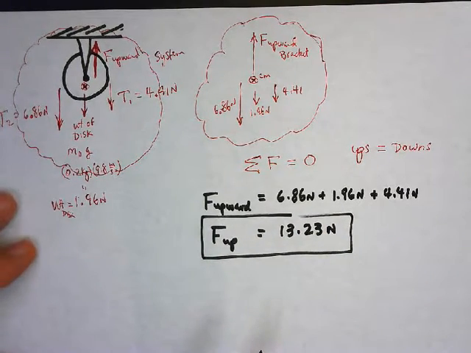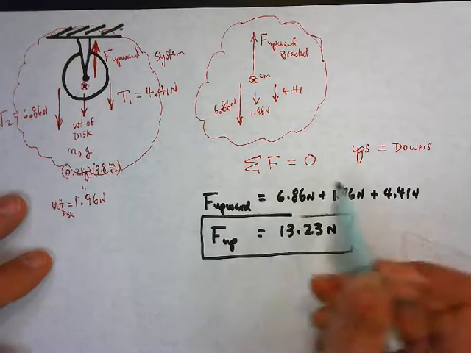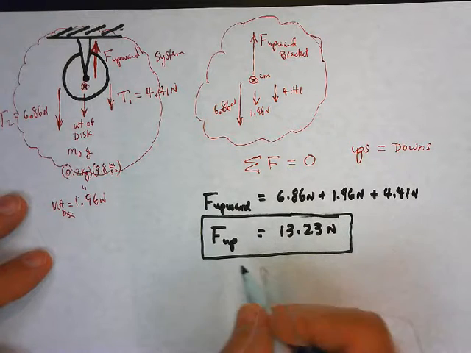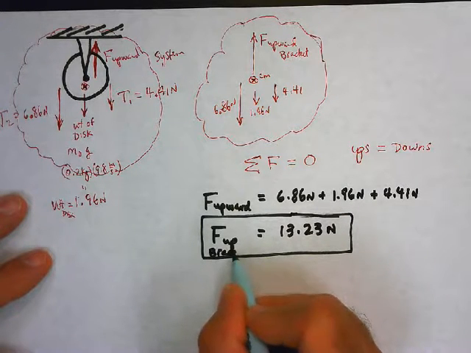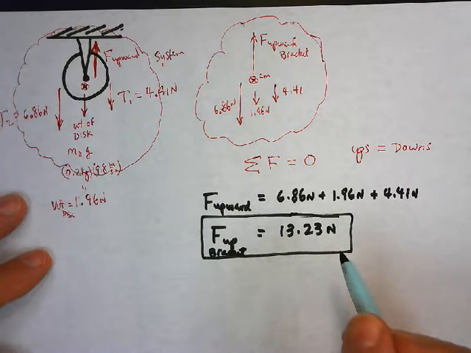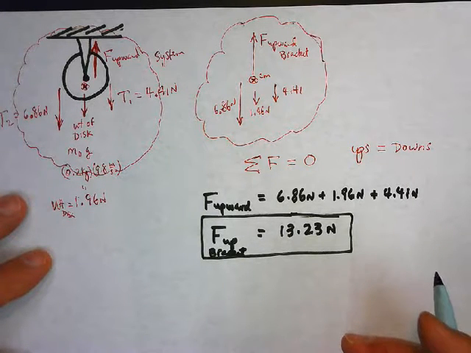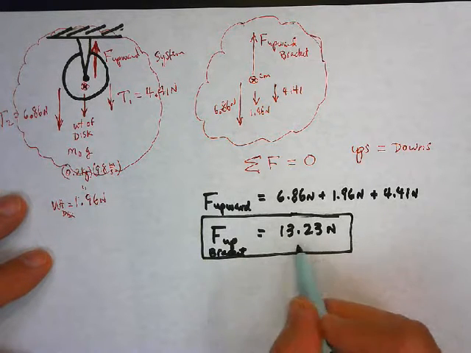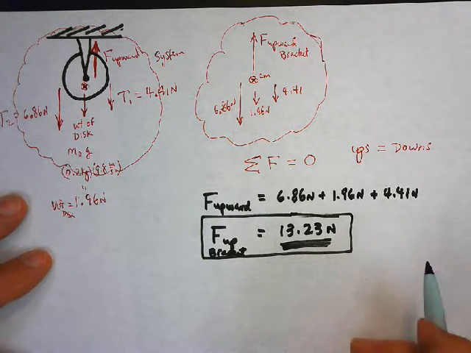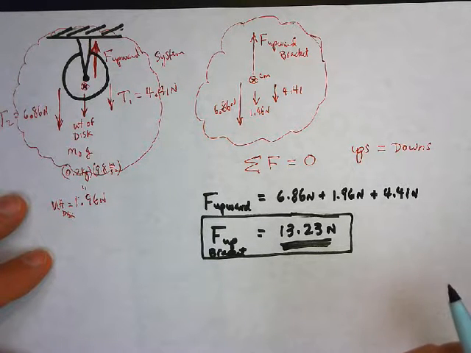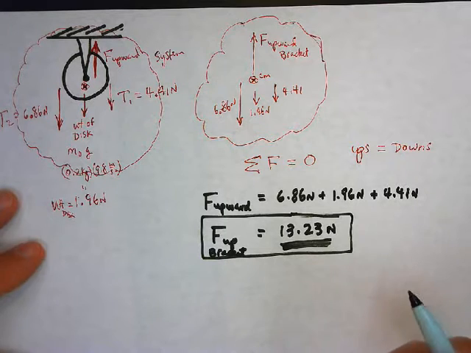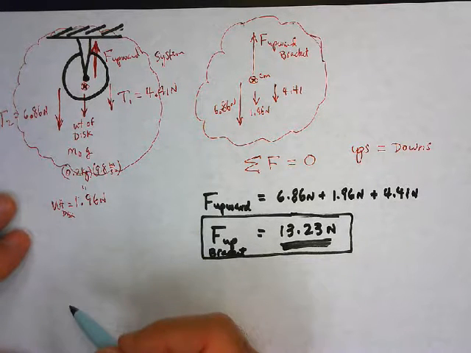Now, if you compare that with the static situation, this is the upward force of the bracket as those weights are accelerating. How about if the weights were just hanging there? What would the upward force be? Would it be more or less? Well, it turns out that the upward force of the bracket, if the weights were just statically hanging there and not accelerating, would be more.